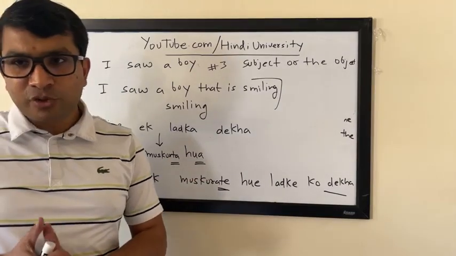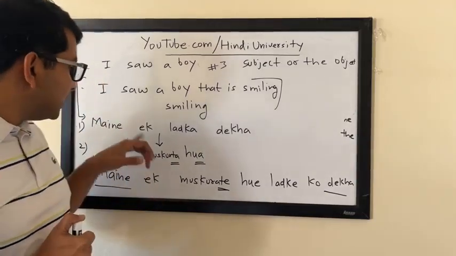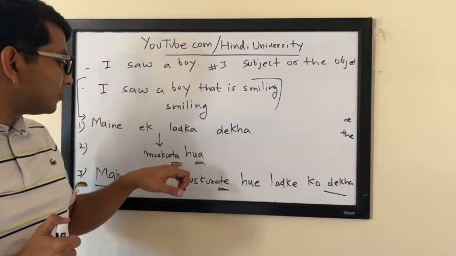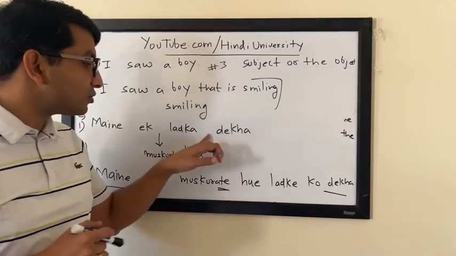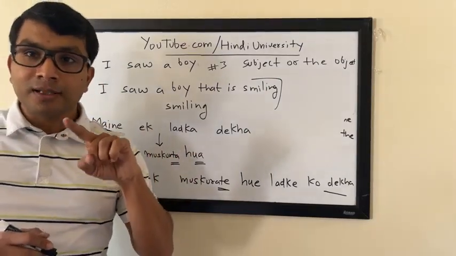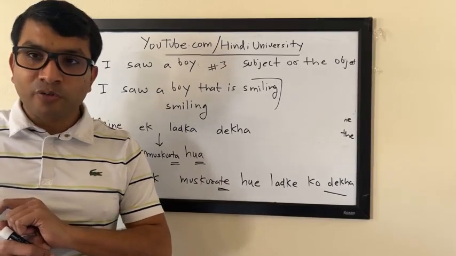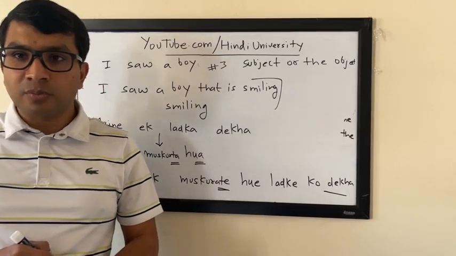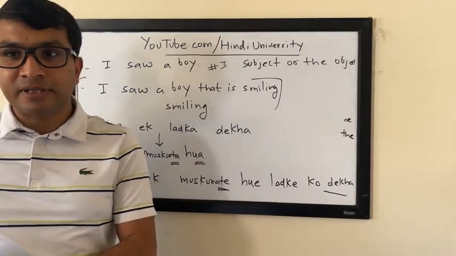Okay, for most of you it will be advanced, so bear with me here. His question is, even in the second case, I can say मैंने एक मुस्कुराते हुए लड़के को देखा. I can put को here also because I'm talking about that particular boy, a specific one. How do I know that it is used as an adjective versus as an adverb? Is it a description of the boy, or I saw him while he's doing that activity?